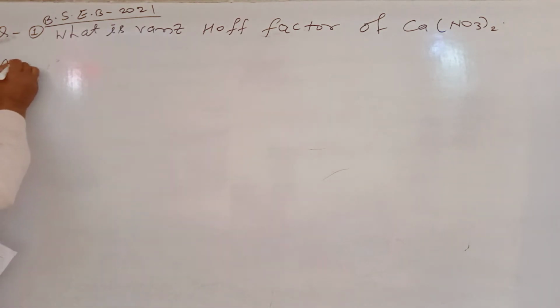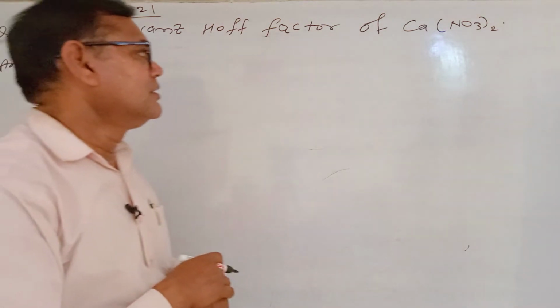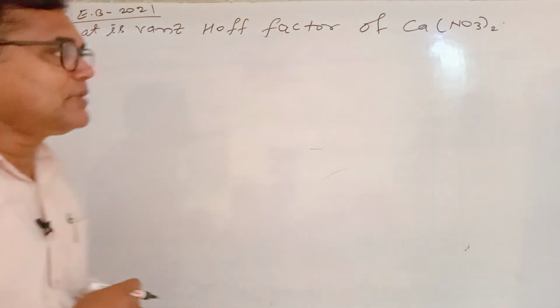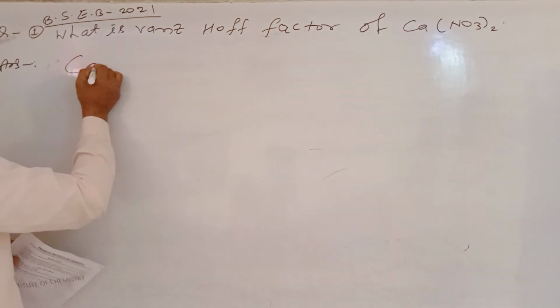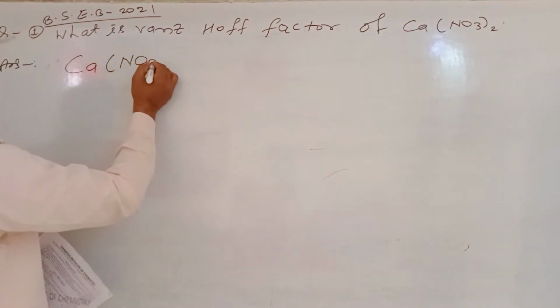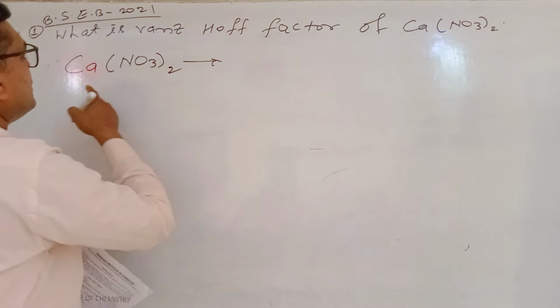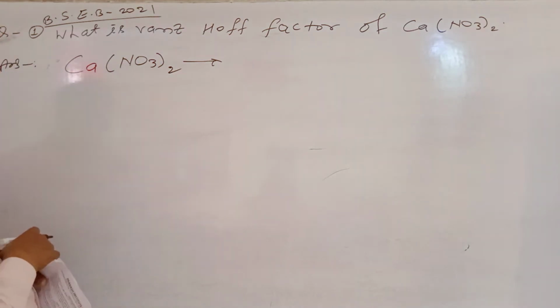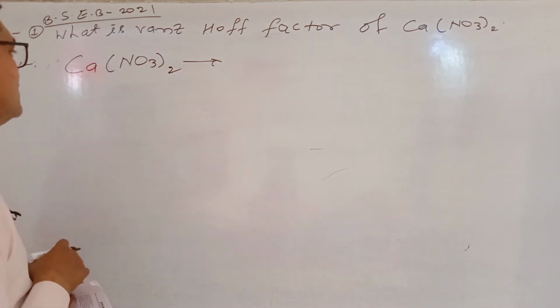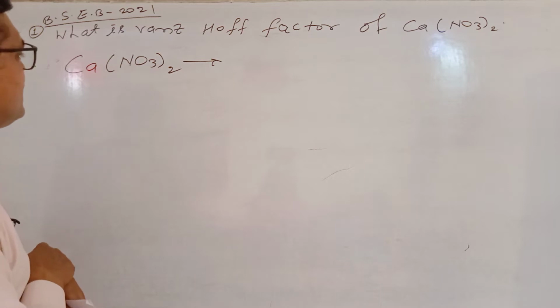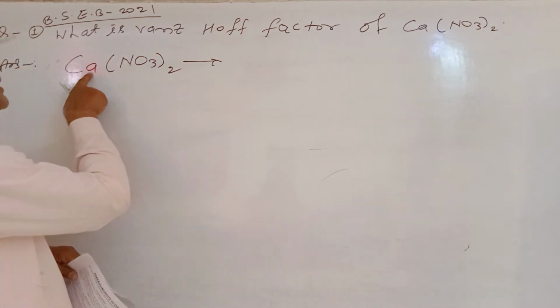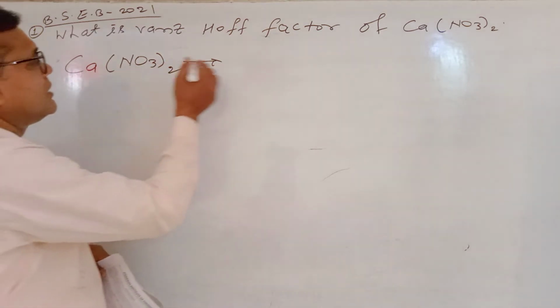First of all, we calculate number of ions in the solution of calcium nitrate. Here we write Ca(NO3)2. When calcium nitrate ionized in calcium ion and nitrate ion, the number of calcium atom here is 1. Therefore, we write 1.